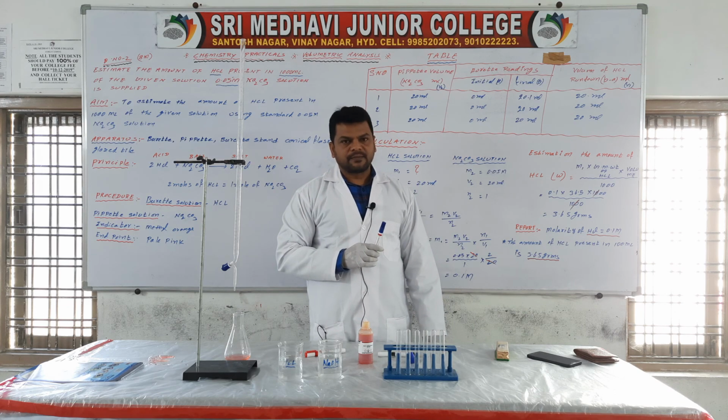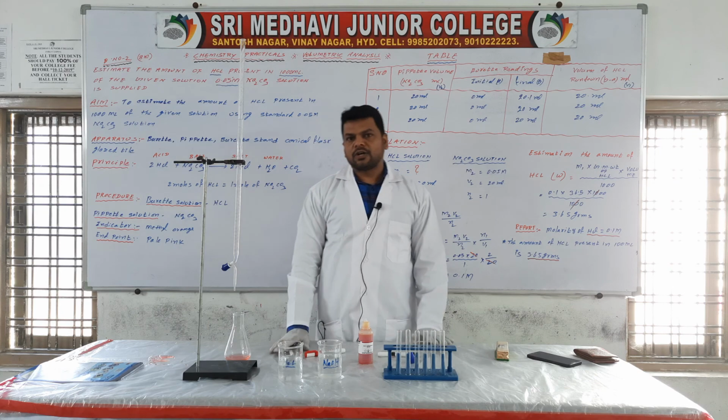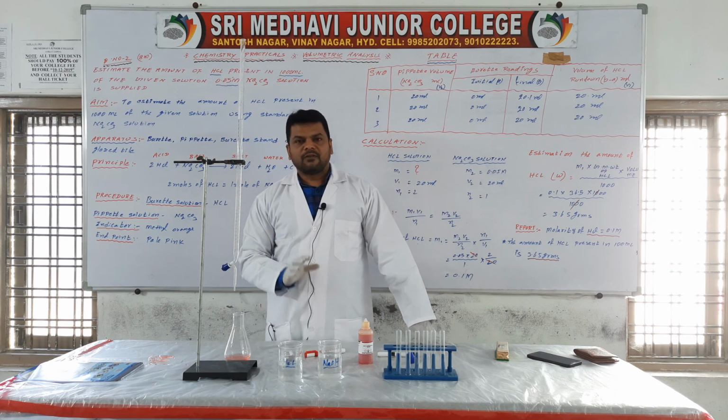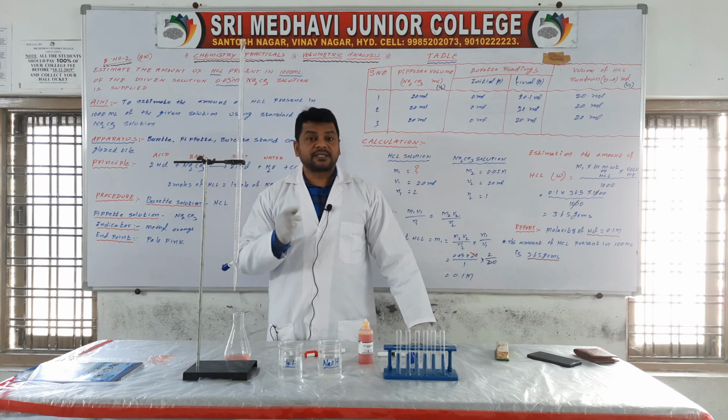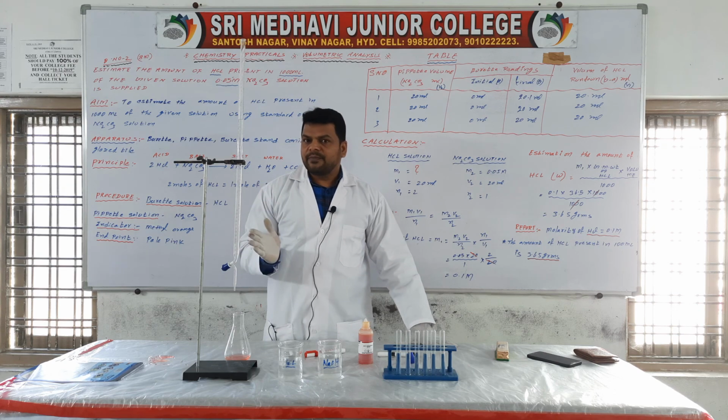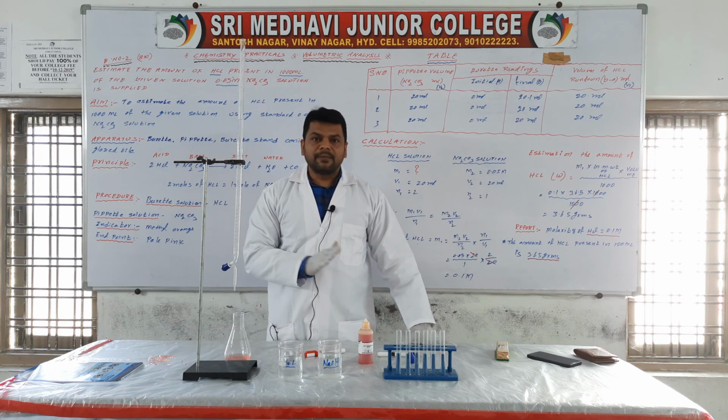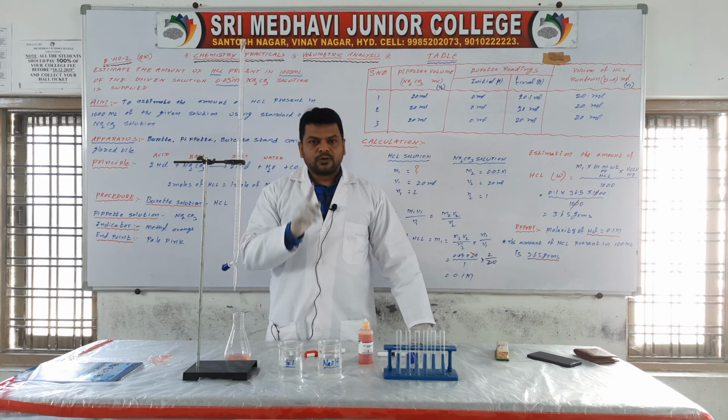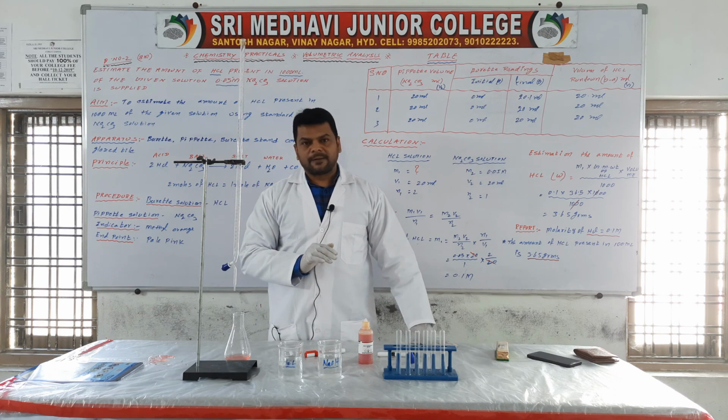Okay, this is the way you have to do the experiment in volumetric analysis when an acid-base titration is given. The same experiment you can implement for sodium hydroxide and HCl, and oxalic acid and sodium hydroxide.